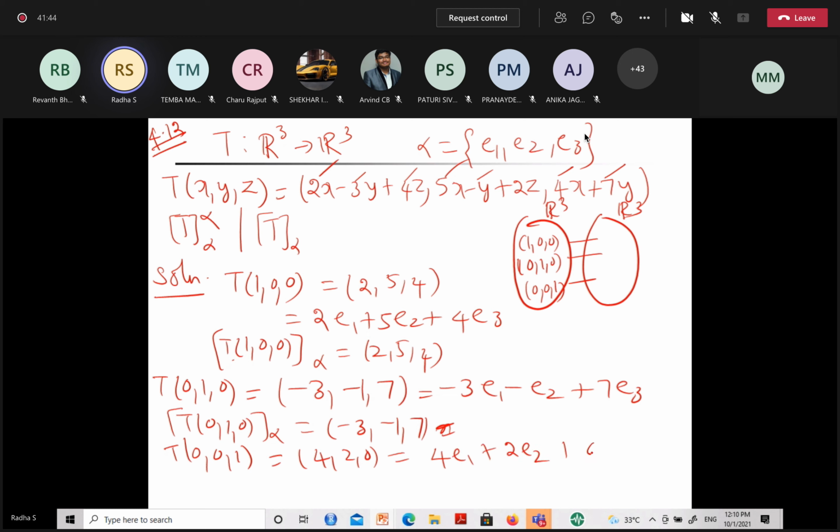Okay for everyone? So the matrix T alpha, that is T alpha to alpha, is nothing but: first column 2, 5, 4, second column minus 3, minus 1, 7, and then 4, 2, 0.